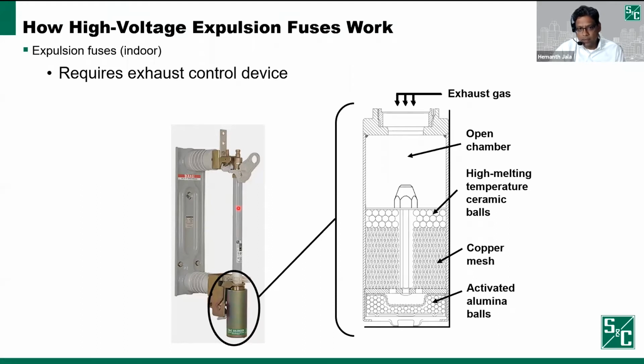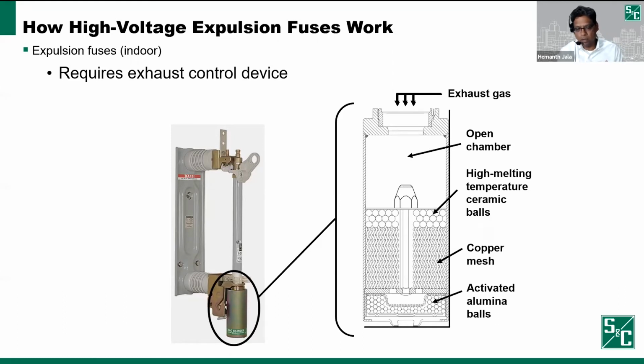You'll notice that this fuse is an SMU20 fuse, and our SMU20 fuse, you can use in both outdoor and indoor applications. When used in indoor application, when the fuse operates, there's an indicating pin that pops up. It's red in color. So when you open the cabinet, you'll see a red popped up indicator, and you'll know that that particular phase has a fault.